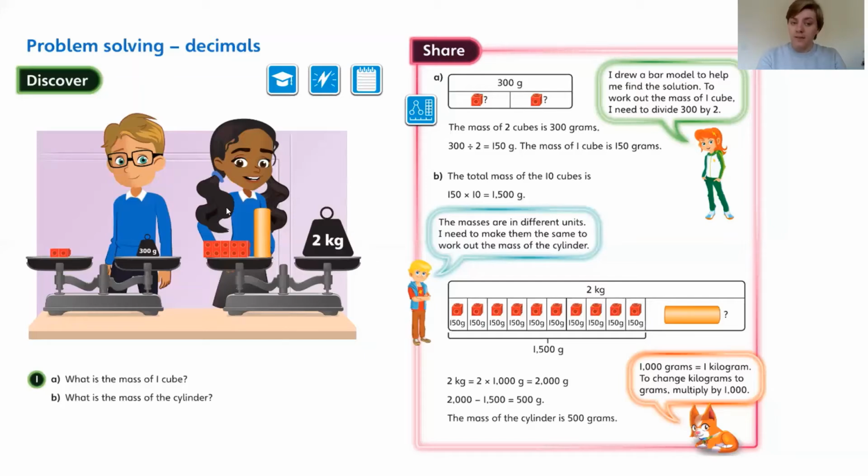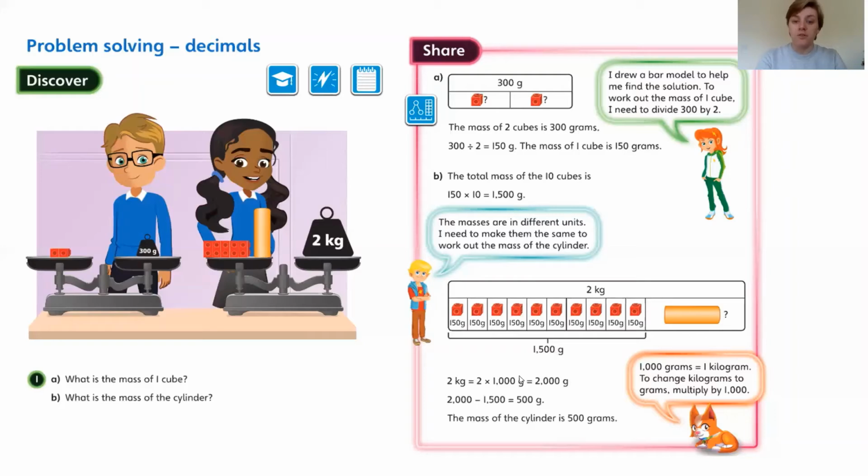But the total mass of the cubes and the cylinder is 2 kilograms. So to find that out, we need to put that into another bar model. Now the whole of that weight is 2 kilograms. And we know that those 10 cubes weigh 1,500 grams. So to find out what the cylinder weighs, we are going to convert 2 kilograms into grams.